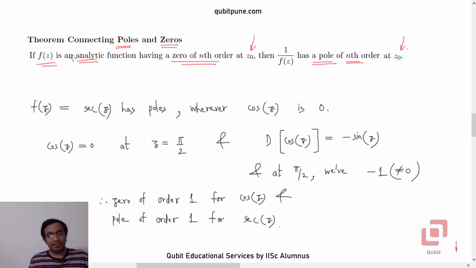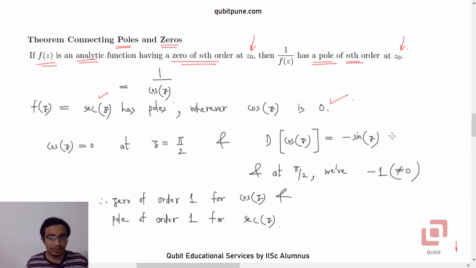All right, so let us now discuss the theorem in the context of the function f of z equal to sec z. Now sec z is 1 upon cos z. So clearly the function sec z has poles wherever cos z is equal to 0. Now cos z is equal to 0 at z equal to pi by 2, we know that.